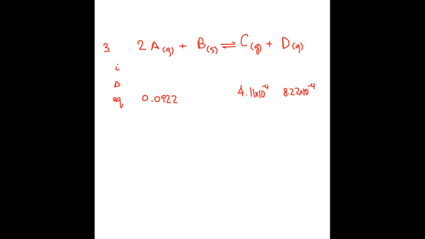So for number 3, they give us another equation, and they say find the equilibrium constant for this reaction based off the concentrations that you have. And you should notice something right away, that we don't have a concentration for the solid.